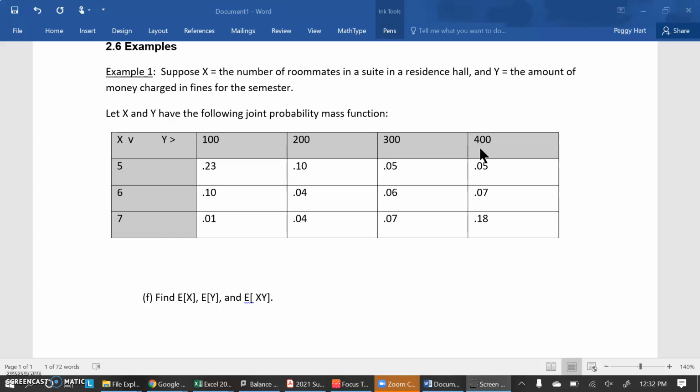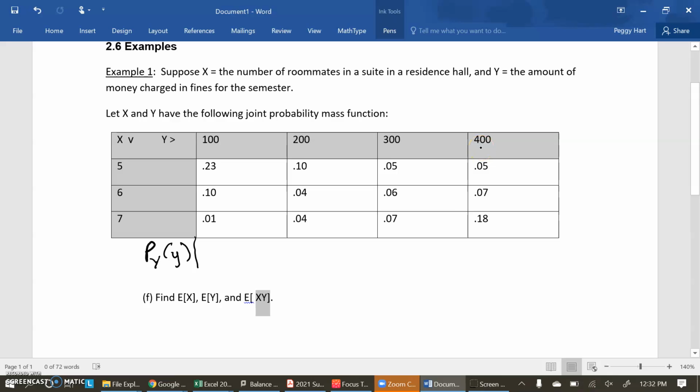If you wanted to find the marginal for Y, this might have been a previous part of this problem. This would be the probability of y on its own. Put it in the bottom margin because the y's go across the top margin.